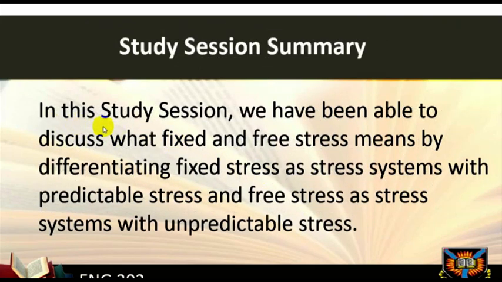In this study section, we have been able to discuss what fixed and free stress means by differentiating fixed stress as a stress system with predictable stress and free stress as a stress system with unpredictable stress.